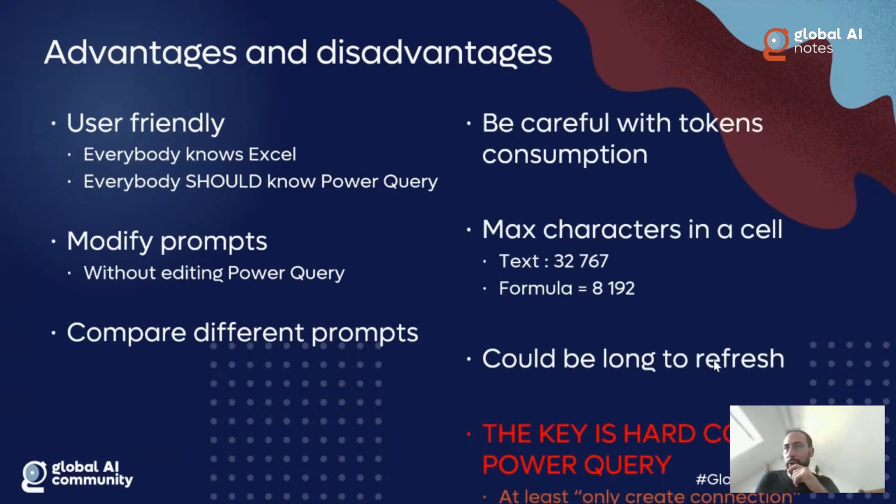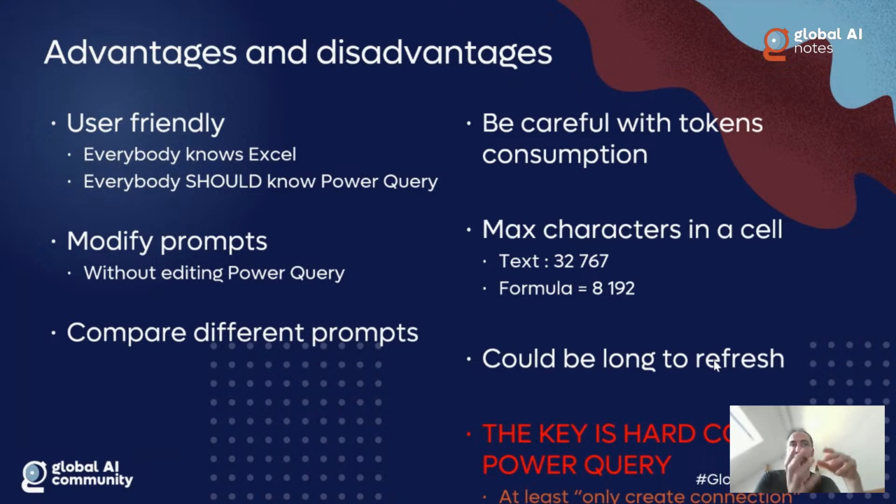But be careful, because I have 50 rows in my table, and each time you refresh the query, you will send 50 queries on the endpoint. So be careful of the consumption, because even if the query is less than 1,000 tokens, it's one call, one API call.